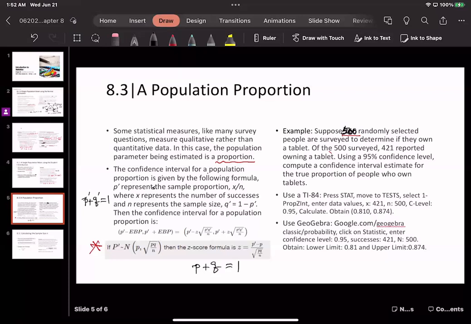We can use a TI-84: press STAT, move to TESTS, select 1-PropZInt. Enter the number of successes x as 421, sample size n as 500, and C-level as 0.95.